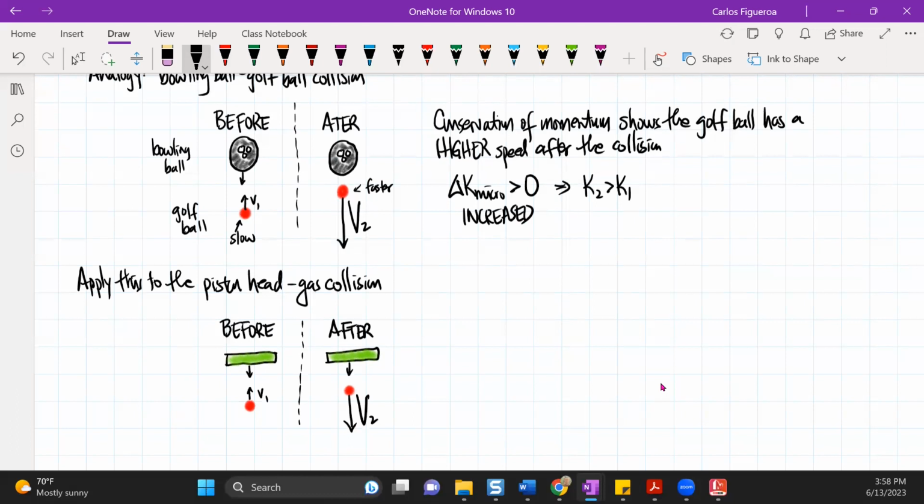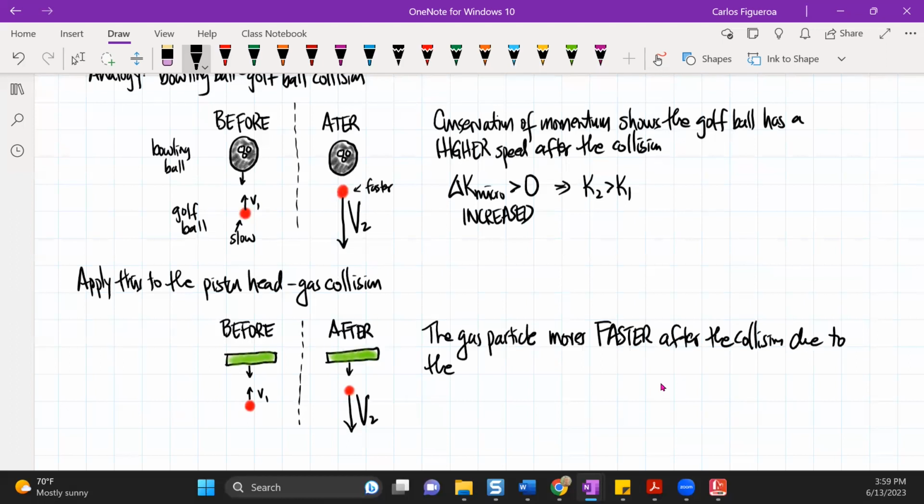So what we say here in the language of what we're talking about, the gas particle moves faster after the collision due to the work of the piston head.